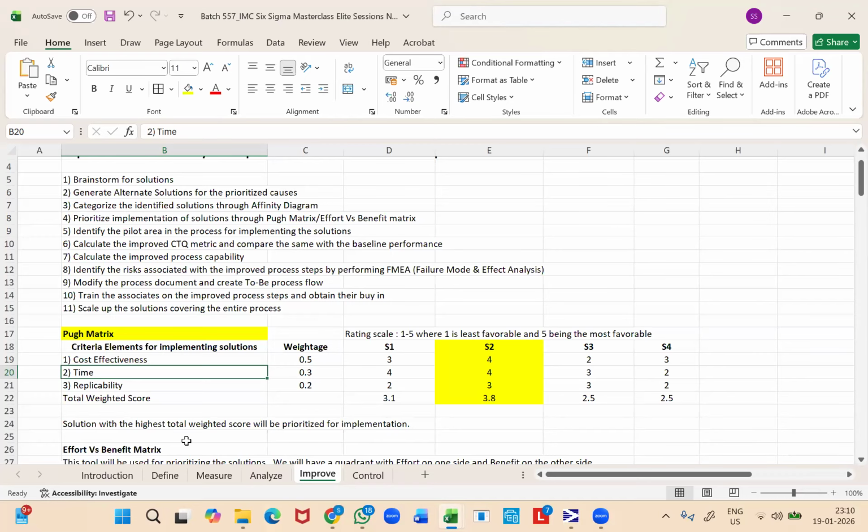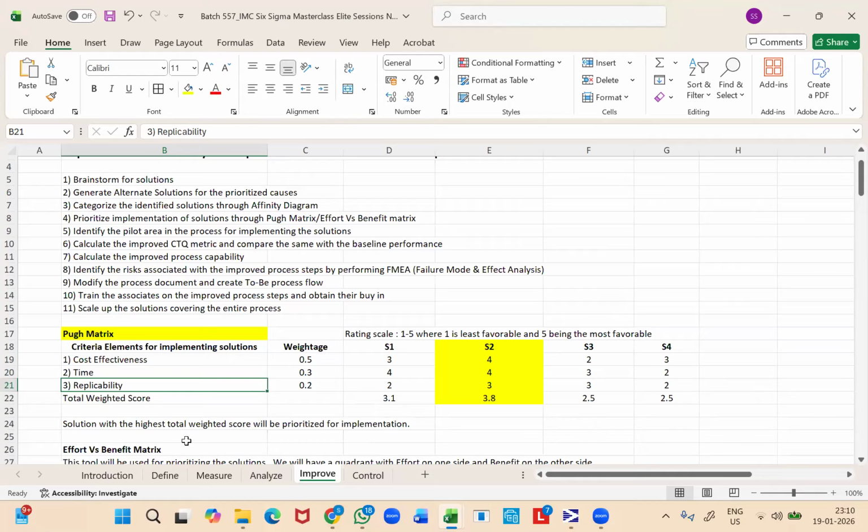And the third one is the replicability, whether these solutions can be replicated in a similar process, right? So these are the three criteria elements that I will consider for implementing the solutions. But you can have your own list of criteria elements. So there is no hard and fast rule that we need to consider only these three criteria elements.